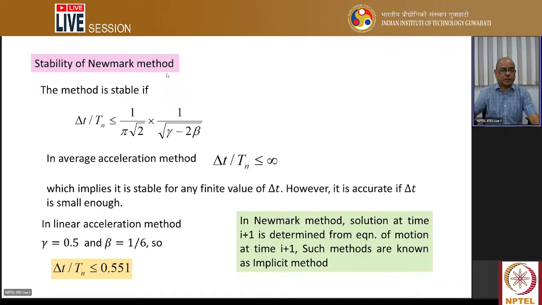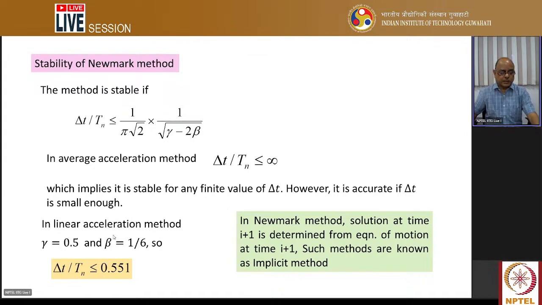Stability of the Newmark method is better than the central difference method, and we have seen that for stability, especially for the average acceleration method, delta t by Tn is less than or equal to infinity. That indicates that it is stable for any finite value of delta t, but that is not true, so delta t should be taken small.